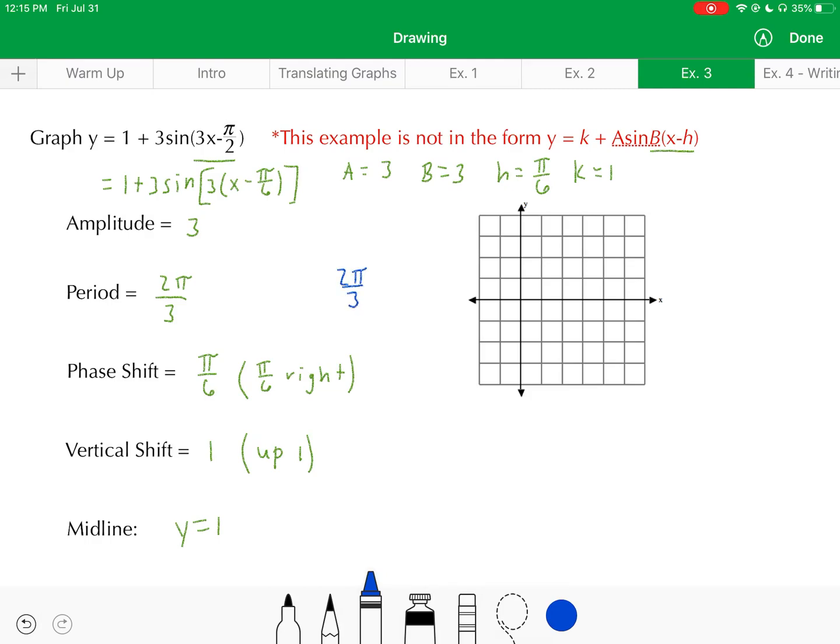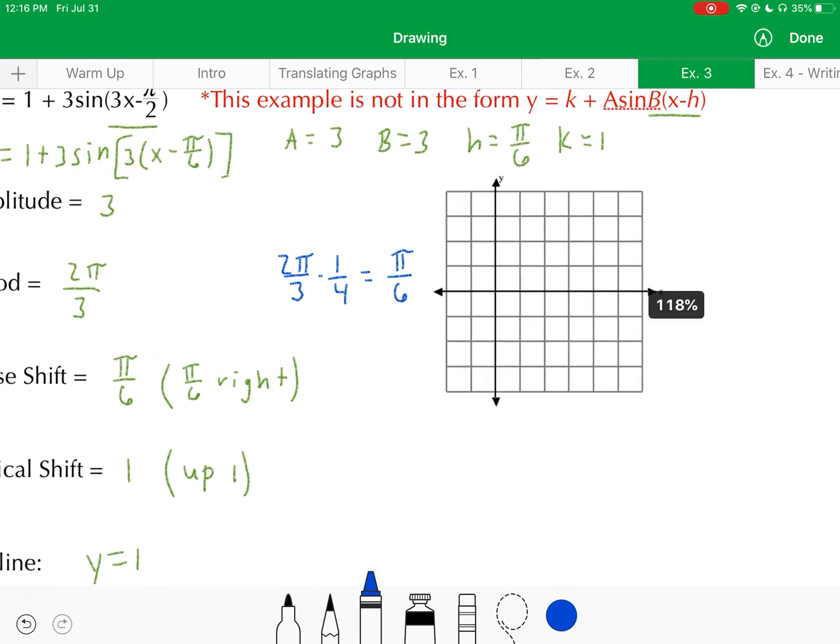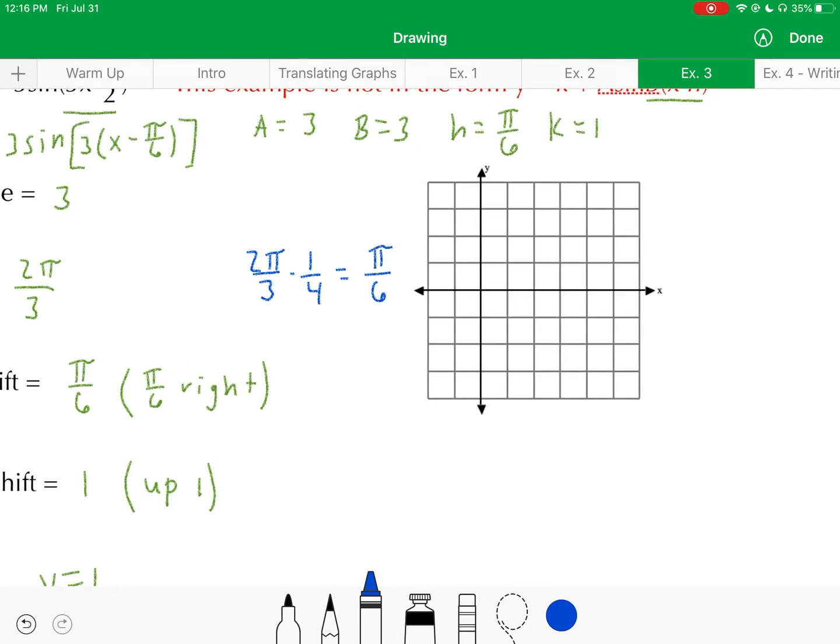I've taught you to divide that by 4, so you know how far apart to space your points horizontally, right? So dividing by 4 is the same as multiplying by 1/4, and that's going to give me pi over 6, okay? So for this grid, I'm going to label the x-axis in terms of pi over 6, okay?